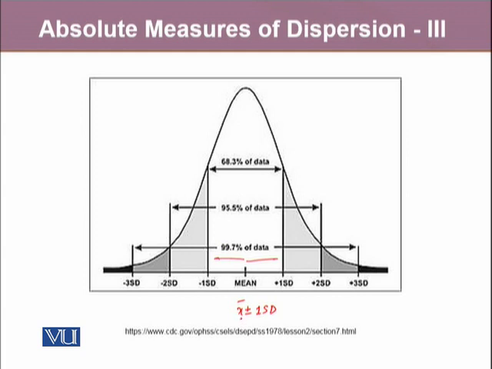And as soon as we do it for 2 standard deviation distance, it accounts for 95.5% of the data. And lastly, if it talks about mean plus minus 3 times the standard deviation, it accounts for 99.7% of the data.